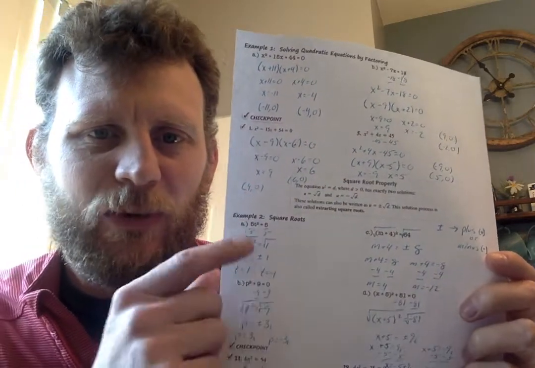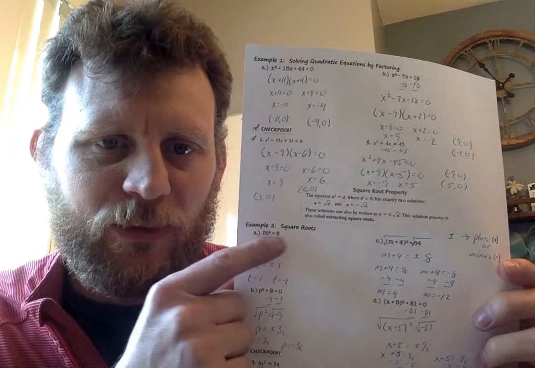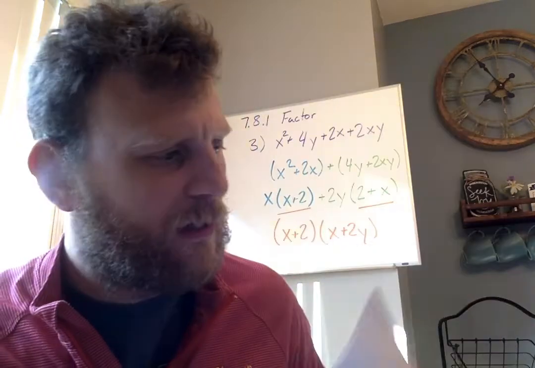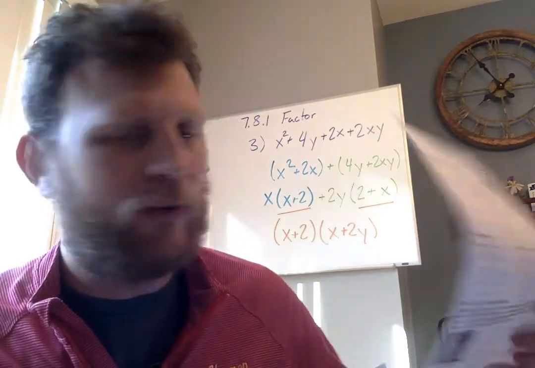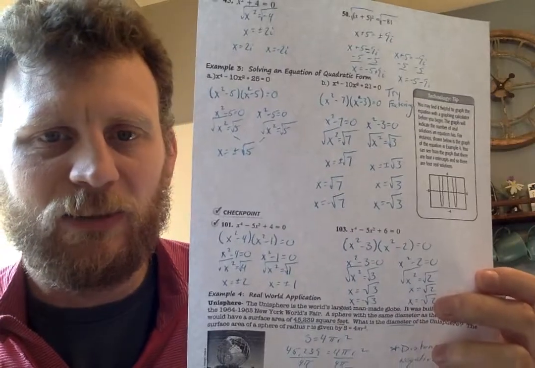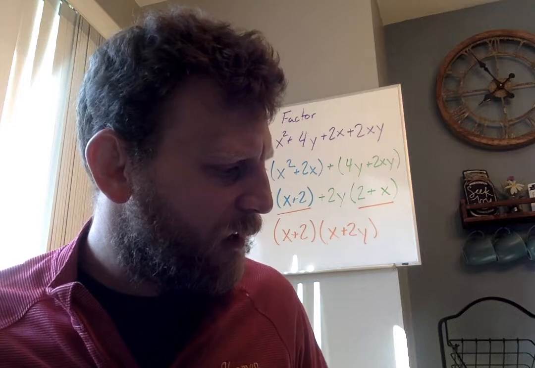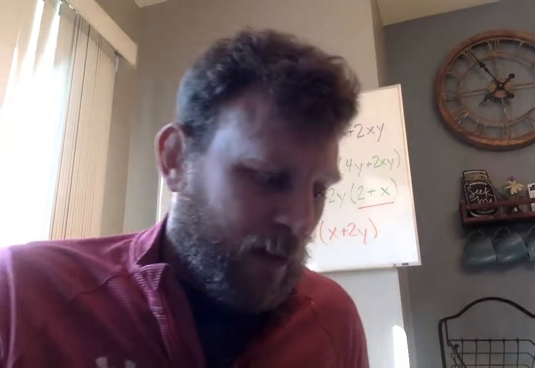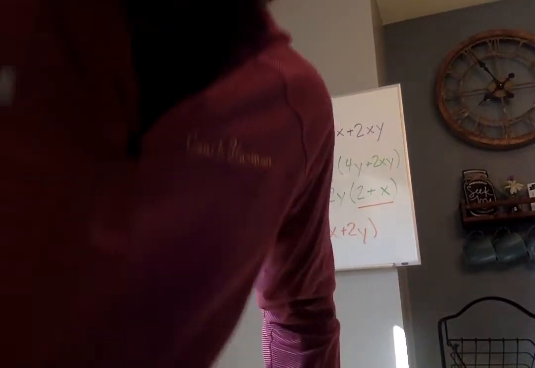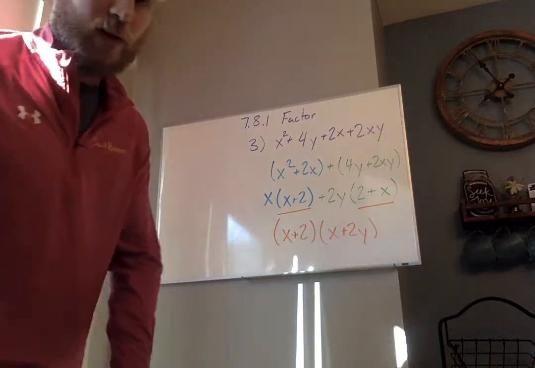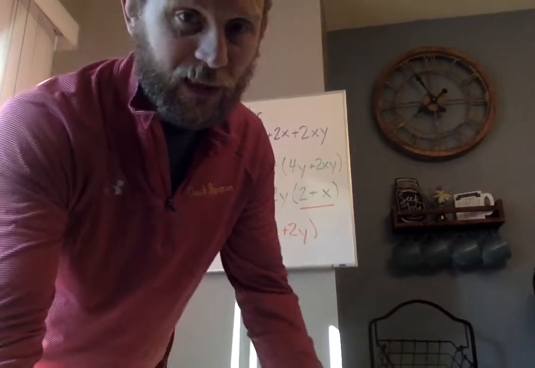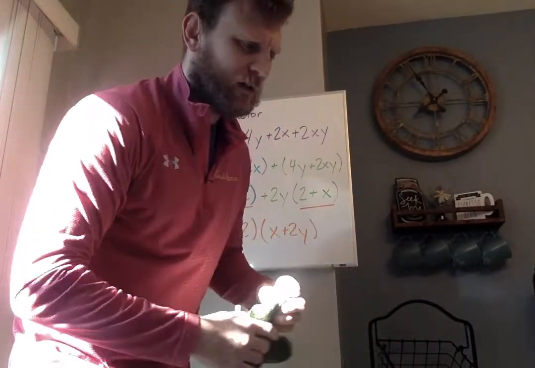Then I'm going to move into example 2, square rooting, and keep going, and my whole goal is to get done these 2 pages here. So, a lot of work to do. I'm going to see what I can get done. Don't want to make this video too long, but I also want to try and keep it in chunks. So, let's get started here.